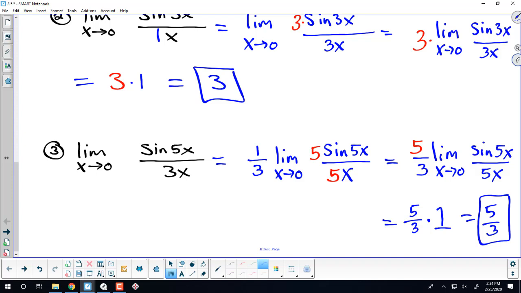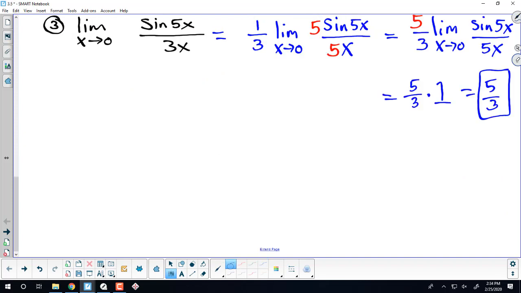And sometimes it's not as straightforward when we start mixing these things together. Like in example 4, we'll look at the limit as x approaches 0 of sine of 5x over tangent x.